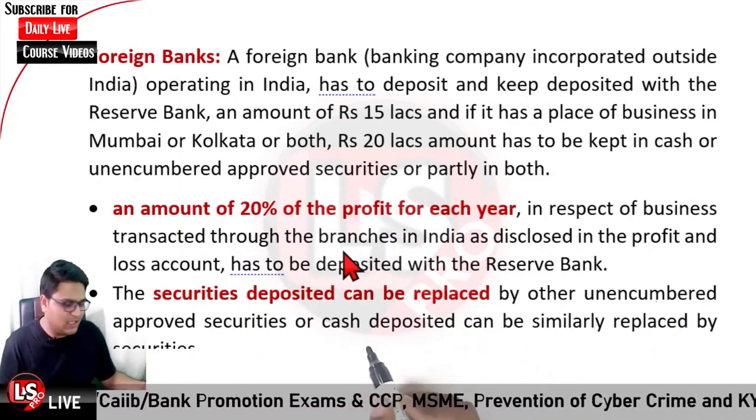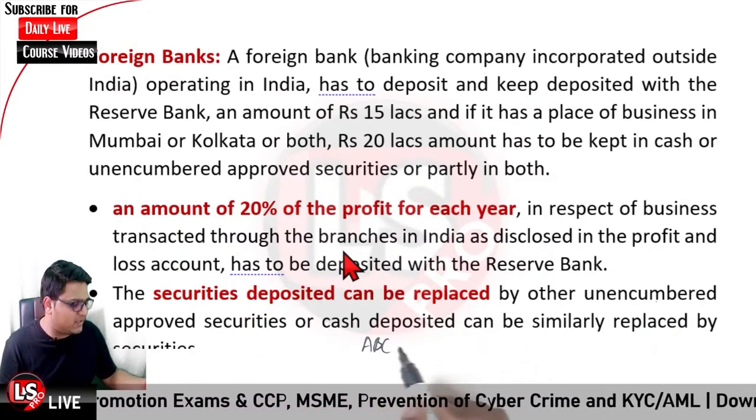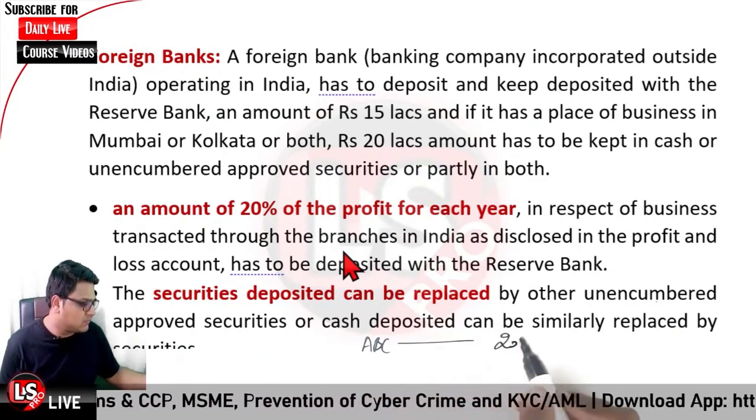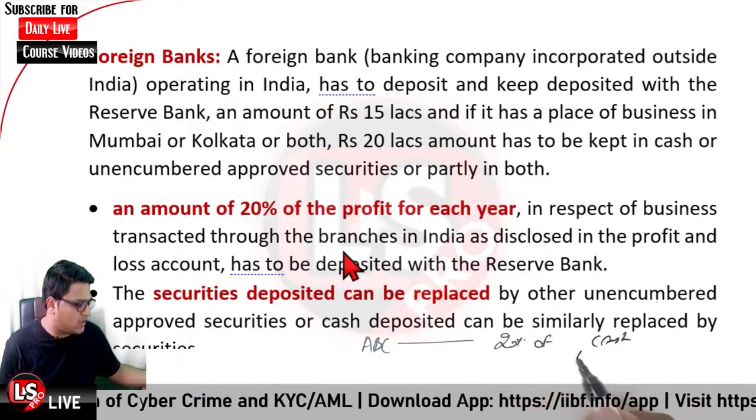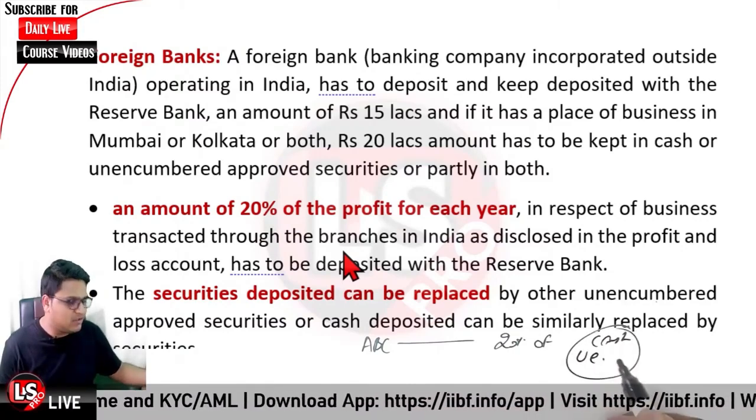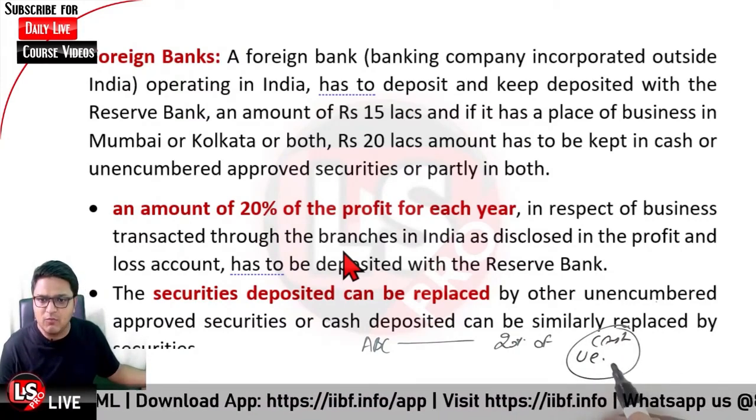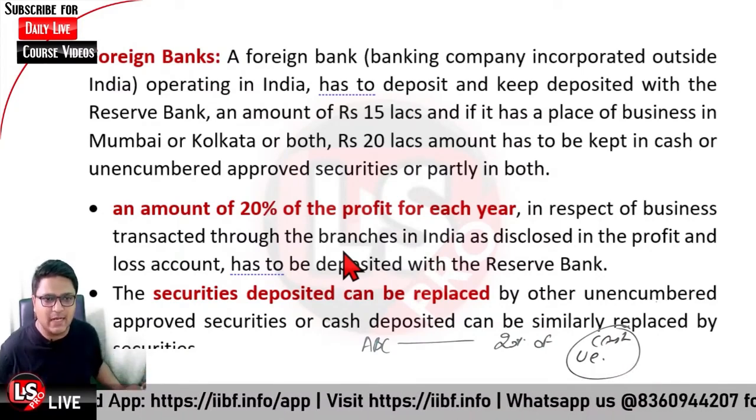It means, if a foreign bank, let us say ABC Bank, is maintaining 20% of the profit in the form of cash or unencumbered securities, or a combination of both, these can be replaced accordingly from time to time.